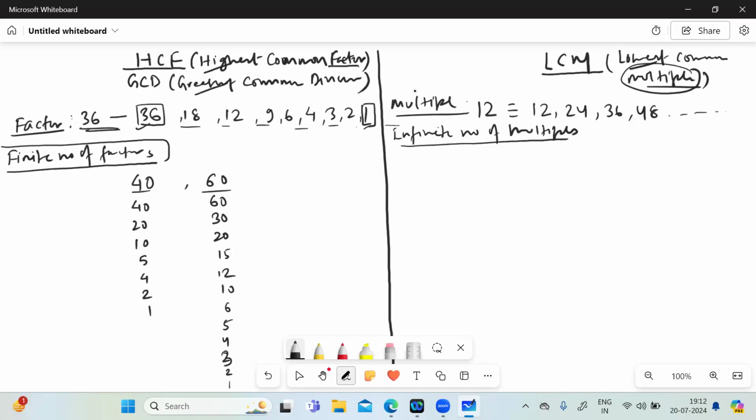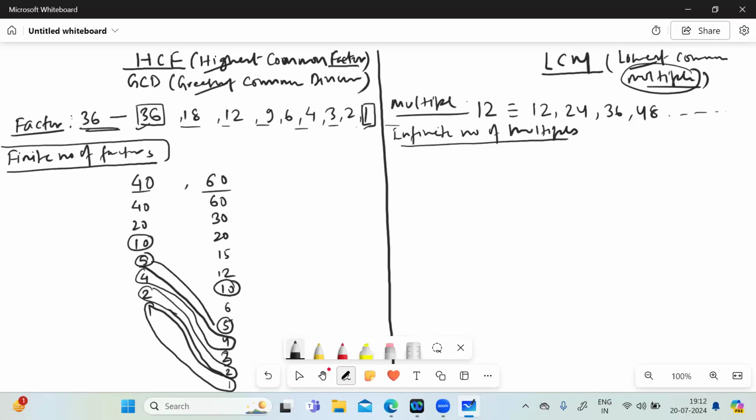Out of these factors, there will be some common factors. By default, 1 will be common to both of them. And there will be other common factors, like in this case, we have 2, 4, 5, 10, 20.